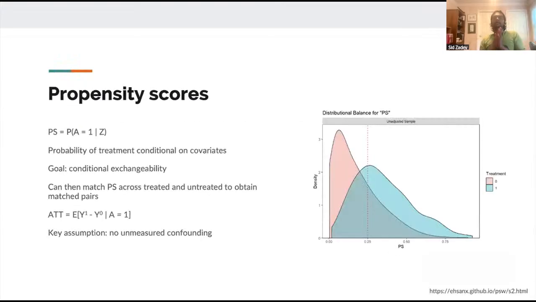Okay, cool. So, a super quick overview of what propensity scores are. Propensity scores are, by definition, the probability of treatment conditional on measured covariates. The idea is that this probability can then be used as a way to make your treatment and control groups exchangeable.